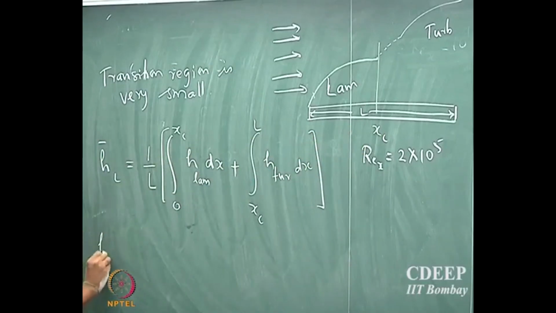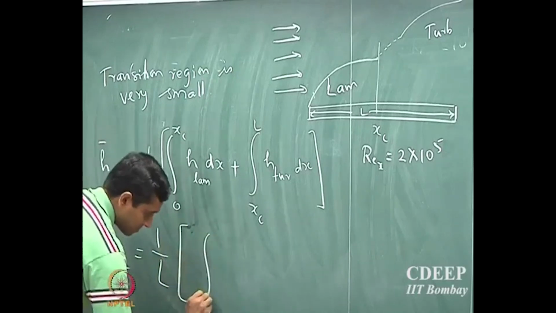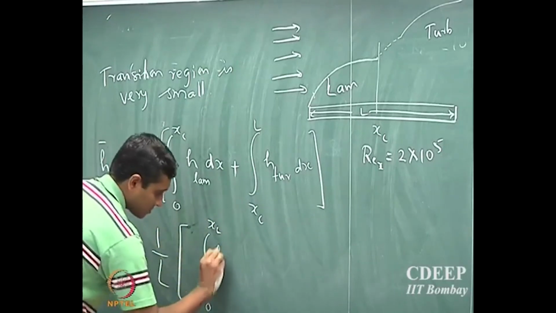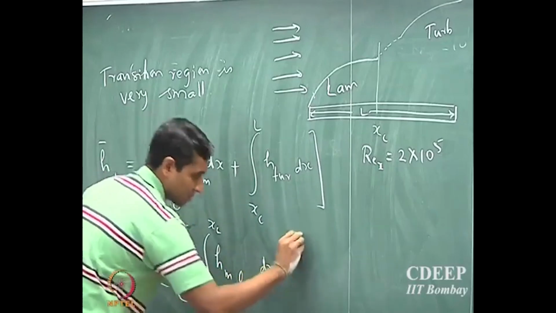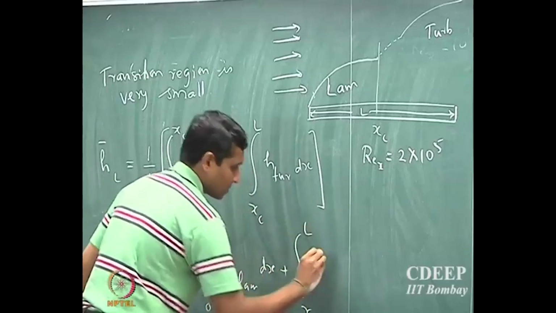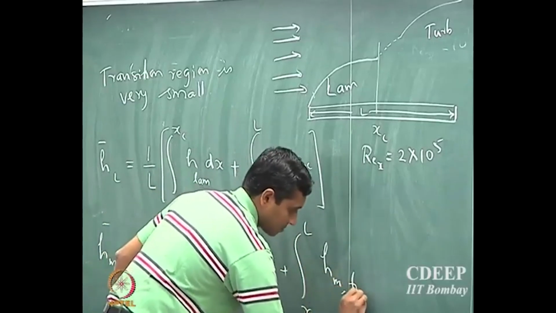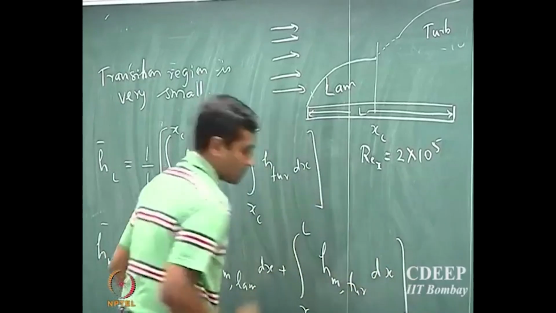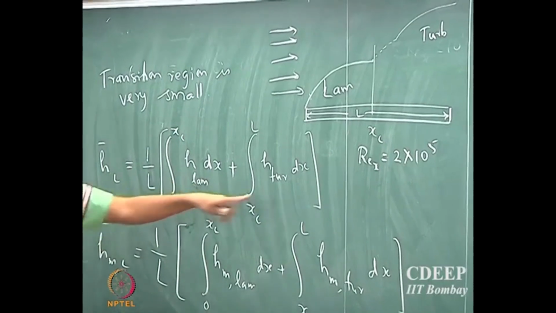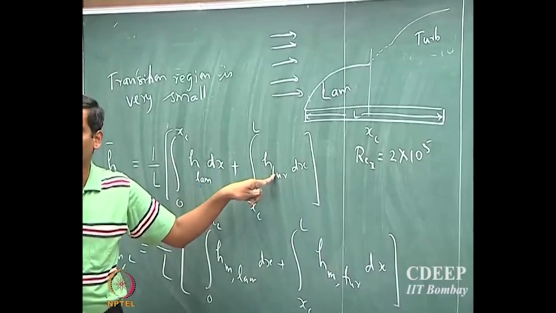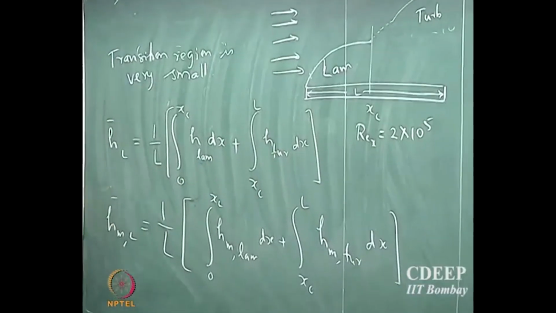And one could do the same exercise for mass transport coefficient as well. So if we know Nusselt number, we should be able to calculate the heat transport coefficient under laminar conditions, similarly heat transport coefficient under turbulent conditions. So plug that in and you can integrate.